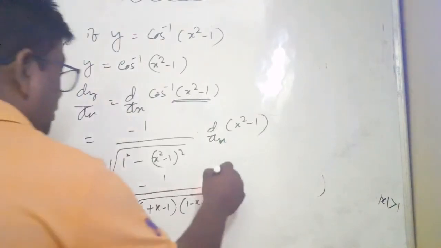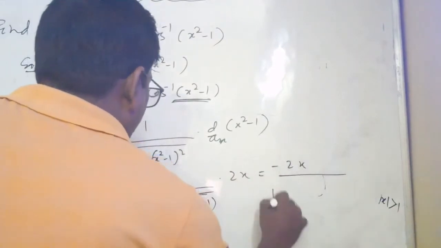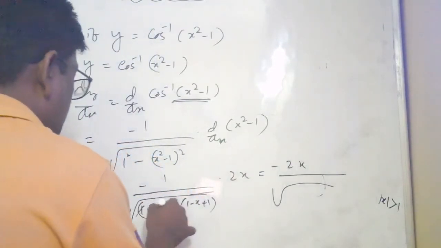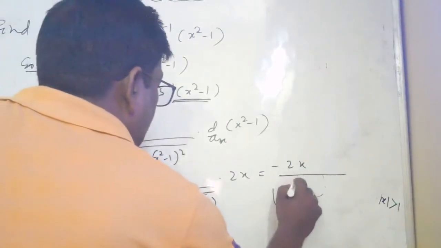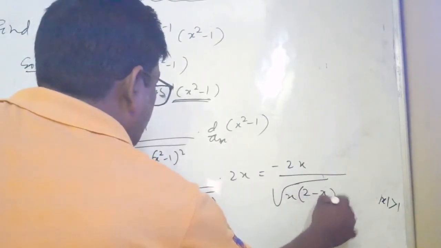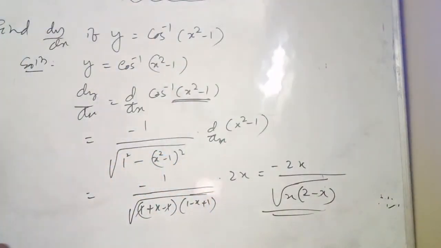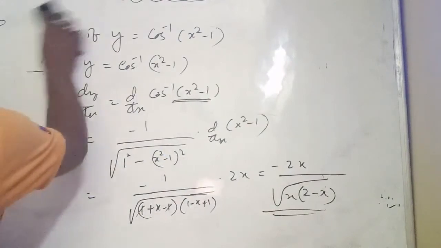This is into 2x, the derivative of x squared. So minus 2x by root over, plus 1 minus 1 cancel, root x squared into 2 minus x squared. This is the answer.